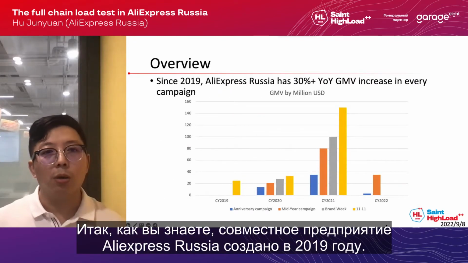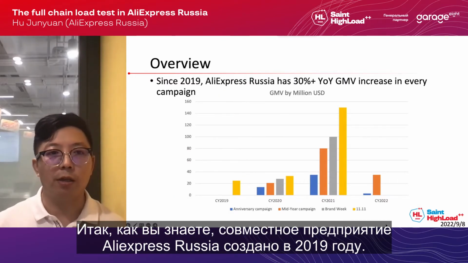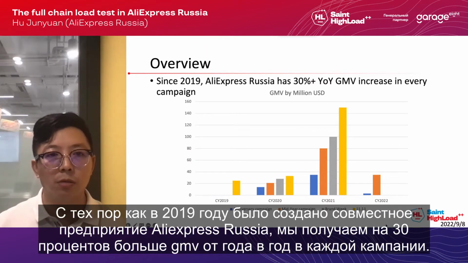As you know, the AliExpress Russia joint venture was established in 2019. Since 2019, we have had 30% more YoY GMV increase in every campaign.